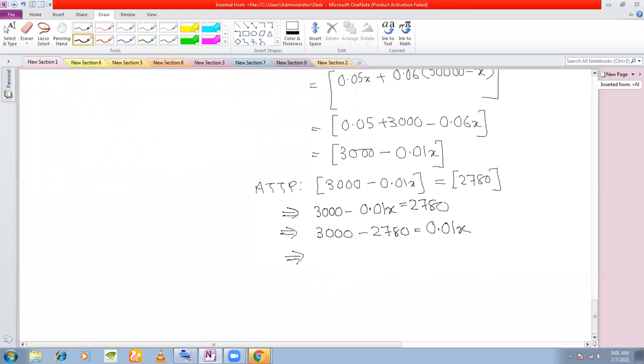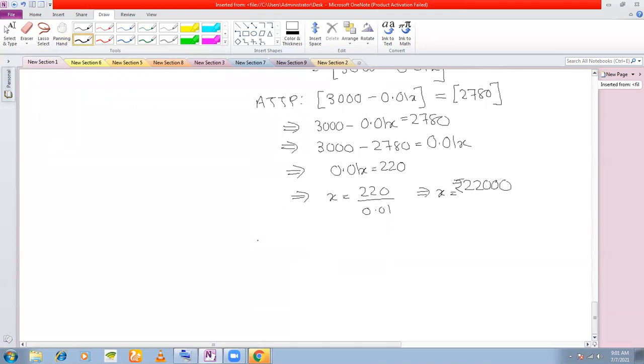That means 0.01x is equal to 220. That means x must be equal to 220 divided by 0.01. x is equal to rupees 22,000. So what is the investment in type A? 22,000.